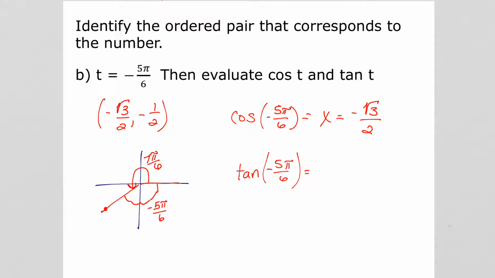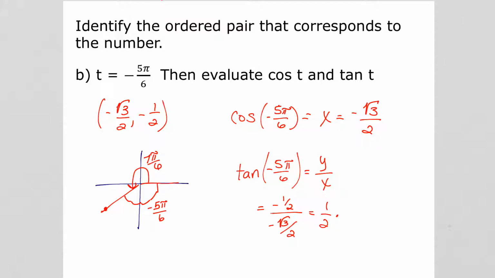I did cotangent on my paper. Okay, y over x. The y value is negative 1/2. The x value is negative root 3 over 2. So negative, negative, we get positive.